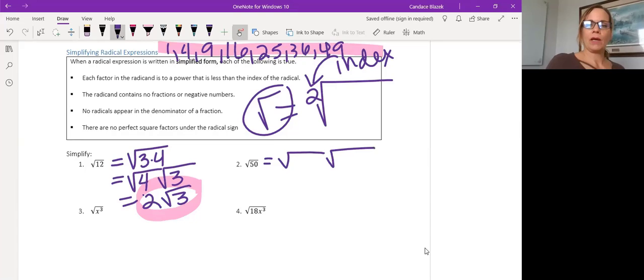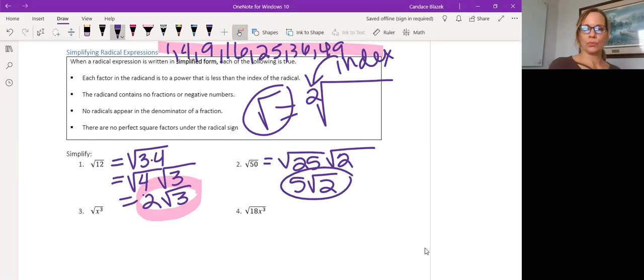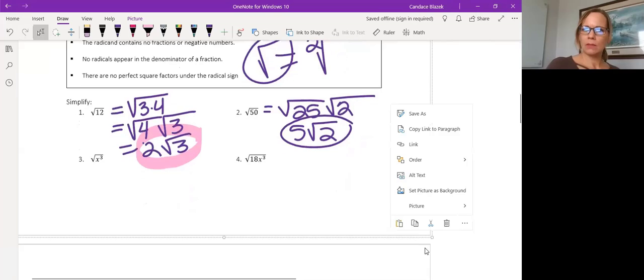I know that 25 is a factor of 50, and it is a perfect square. And I know the 2 remains. Now I can simplify. The square root of 25 is 5, and I get 5 square roots of 2. All right, let's take a look at a few more. Any questions?